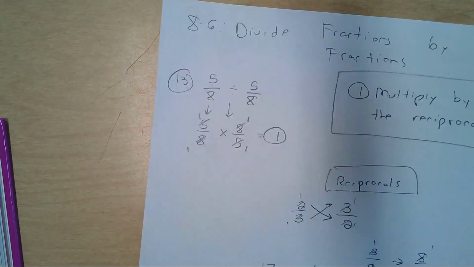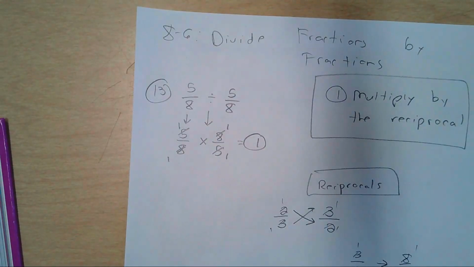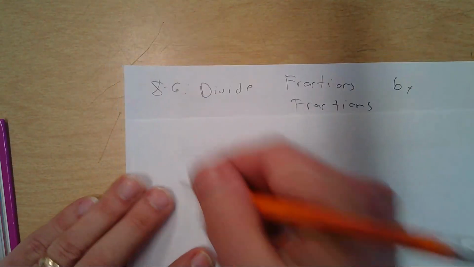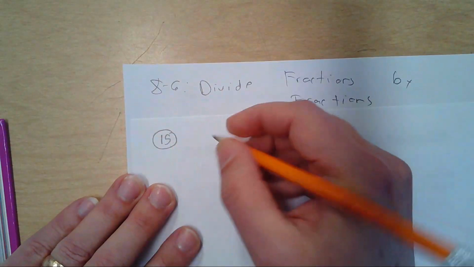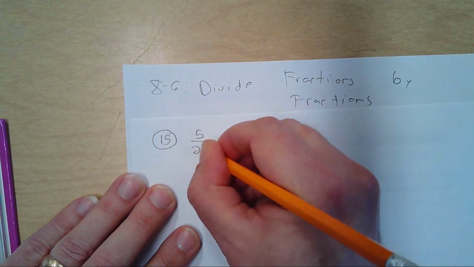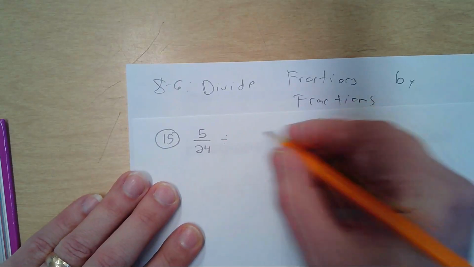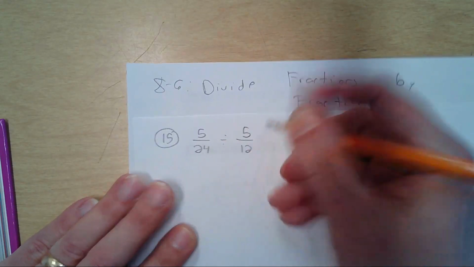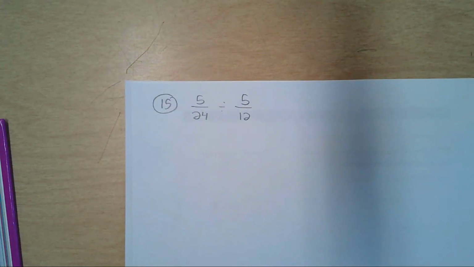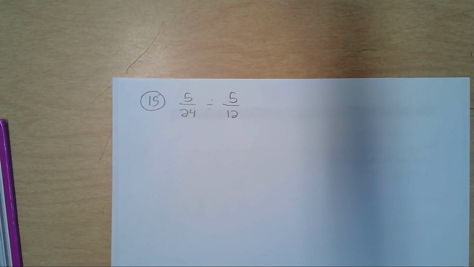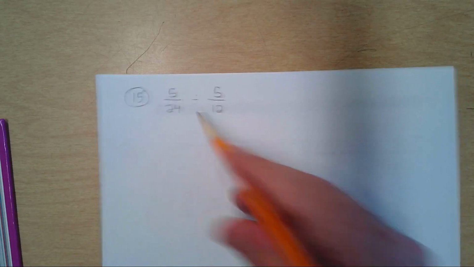Okay, let's look at number 15. It says 5/24 divided by 5/12. So first thing I should see, it's a division problem.